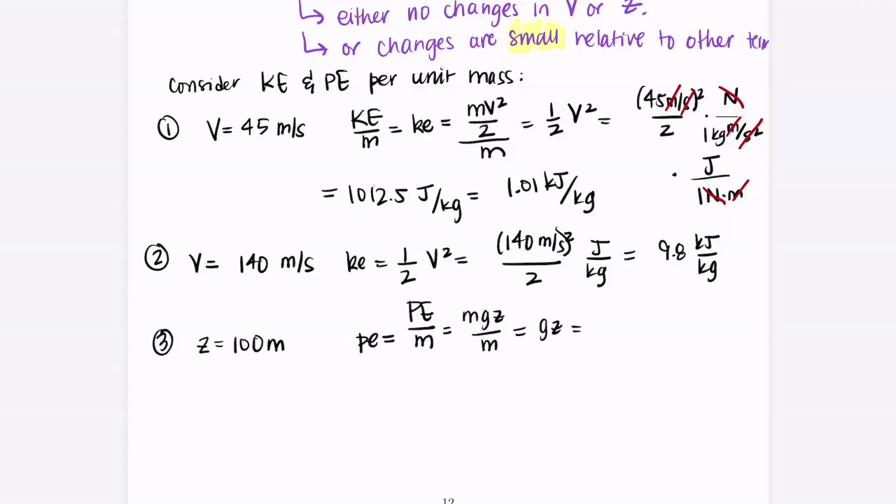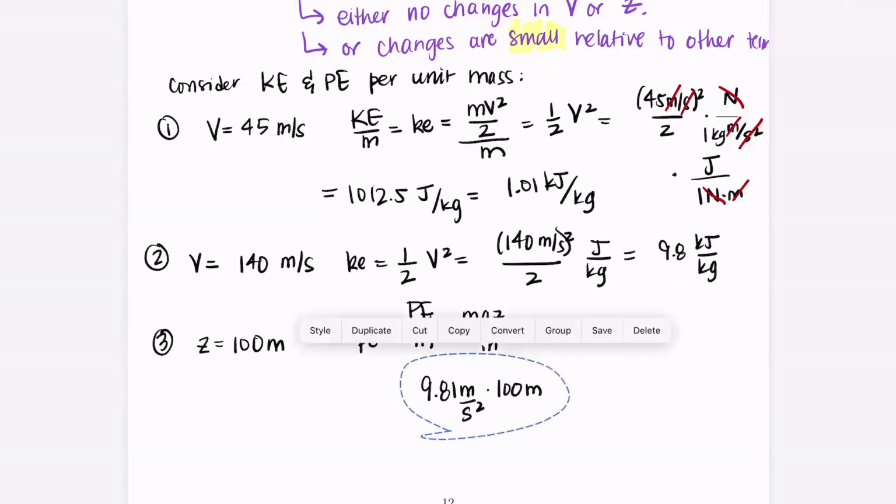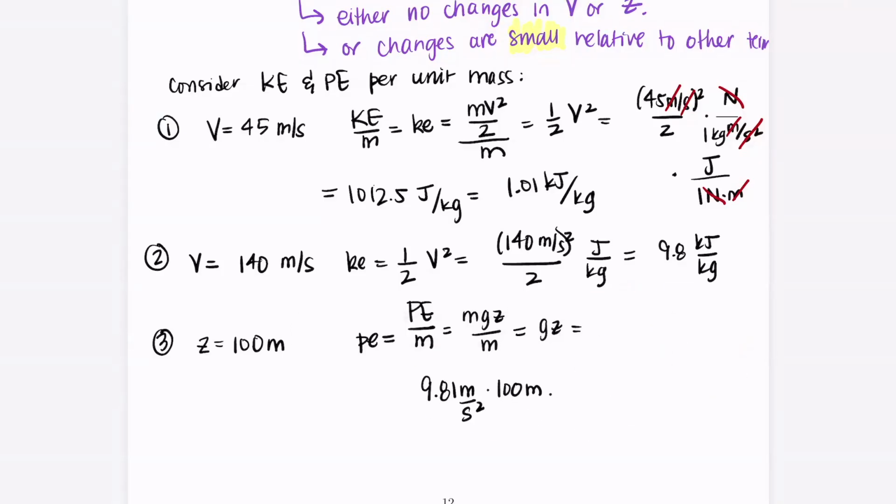So we have 9.81 meters per second squared times 100 meters. Our conversion for the units is the following: 1 kilogram meter per second squared is a Newton, and 1 joule is 1 Newton meter.